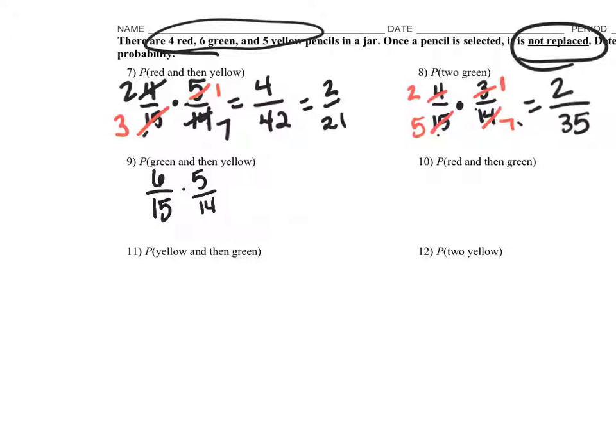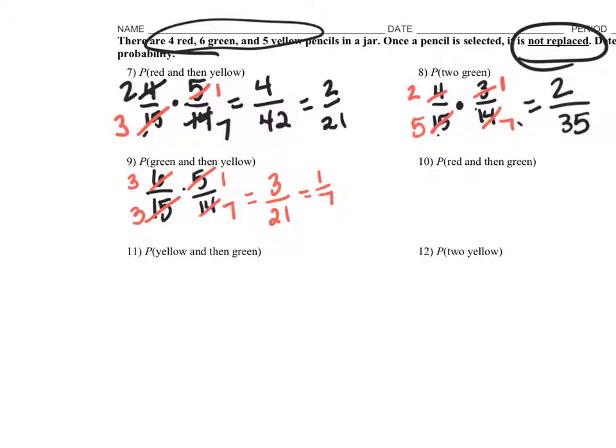So we would cross reduce. These are divisible by 5, so 1 and 3. These are divisible by 2, so 3 and 7. 3 times 1 is 3. 3 times 7 is 21, and that reduces 1 more time. 3 over 3 on one side. It should have been fully reduced when I did it in there.